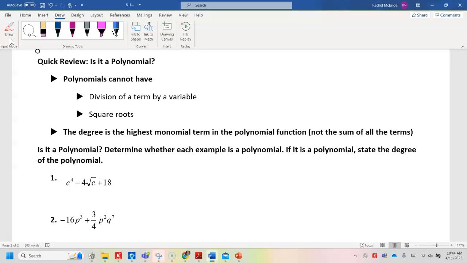No. A square root is considered like a fraction power, so it cannot have a fraction power. An example would be x to the 3 halves. That's not a polynomial because that's a fraction power.